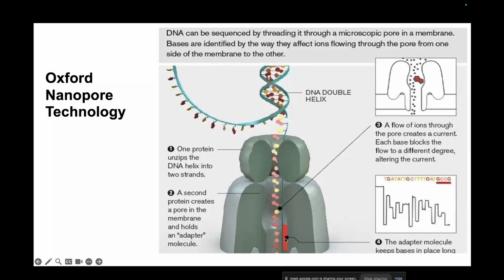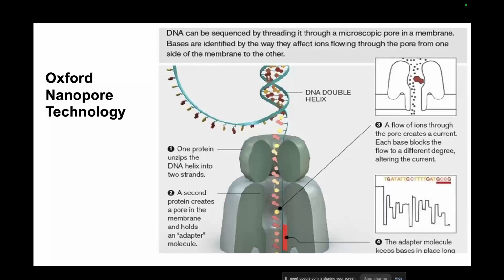This read goes and binds here, and it makes the read stable, and a flow of ions happens, and you measure the current. So a flow of ions through the pore creates a current. Each base blocks the flow to a different degree, altering the current, and the adapter molecule holds the read in place long enough, and based on the difference in current, you tell what base is there, right?